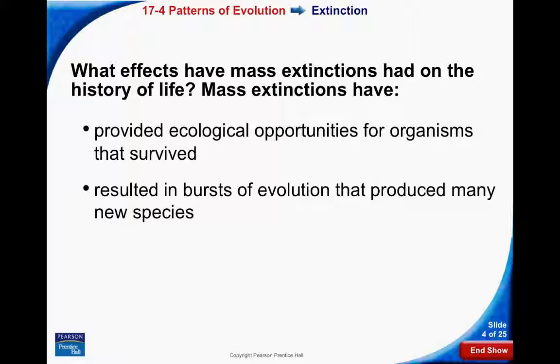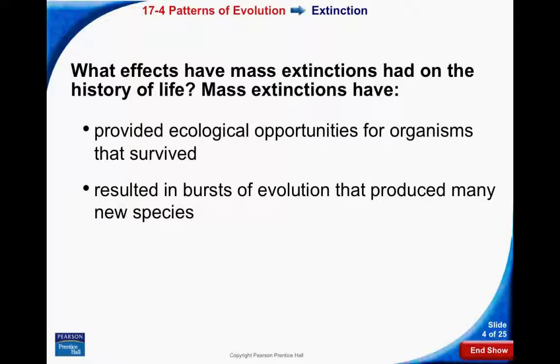And it caused bursts of evolution that produce quite a few new species. I don't think you as a mammal would be sitting in schools taking lessons from another mammal like myself if that asteroid impact hadn't happened. We were in the age of the reptile, and mammals were on the scene, but they were just these little tiny furry rodent-like creatures. They really weren't a big deal.